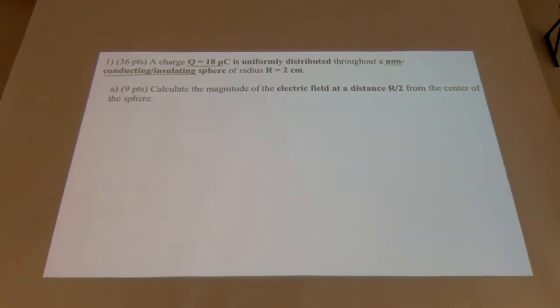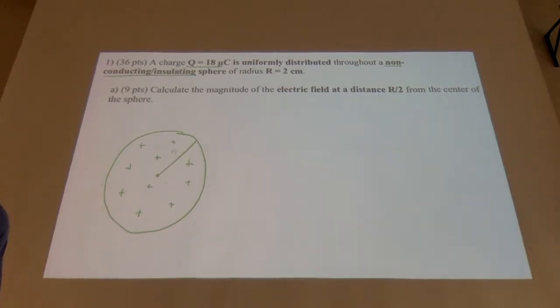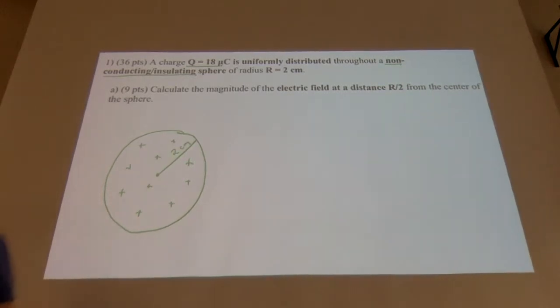We've got a sphere, so let's draw a cross section, which would be a circle, and we've got charge scattered everywhere in the sphere. It says that it has a radius r equals 2 centimeters. So this is 2 centimeters.